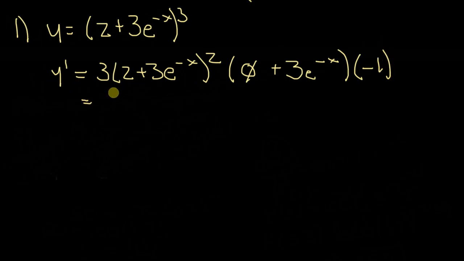So what we can do to clean up this question: 3 times 3 times e to the power of negative x times negative 1 will give you negative 9 times e to the exponent negative x times this bracket over here, 2 plus 3 times e to the exponent of negative x, squared.